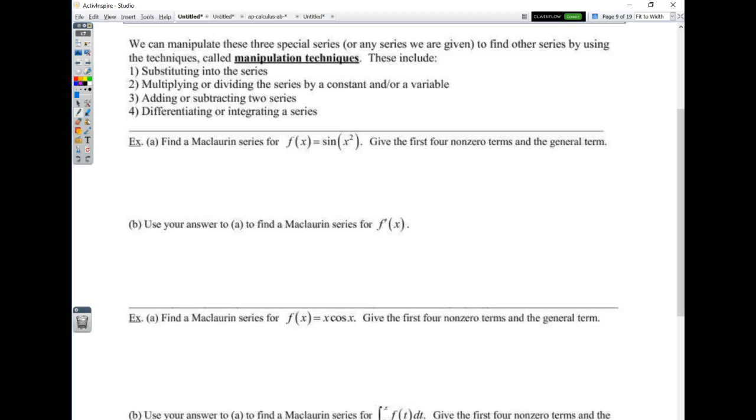But one of the things I can do is this: if I'm looking for the sine of x squared, well, I know what the sine of x is. Is sine going to be the odd or the even series? It's the odd series. So we would have x minus x to the third over 3 factorial, and we're just going to use odd powers and odd factorials as we alternate.